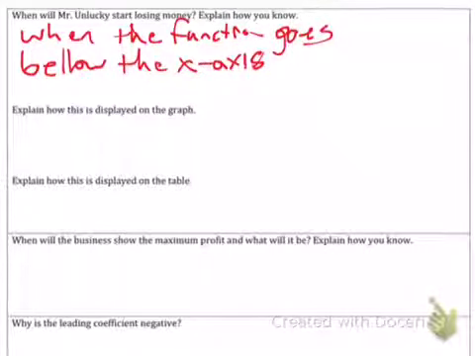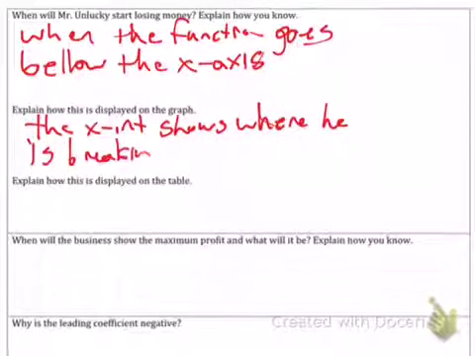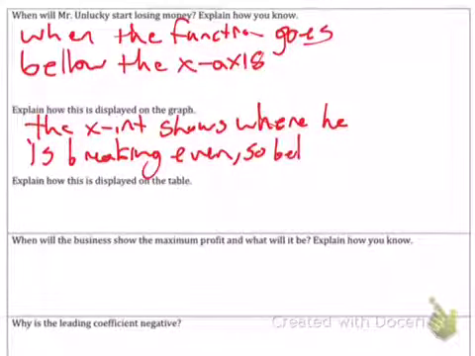Explain how this is displayed on the data. The x-intercept shows where he is breaking even, so below the x-intercepts.